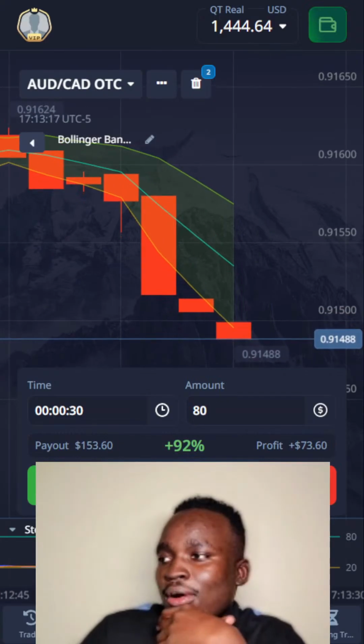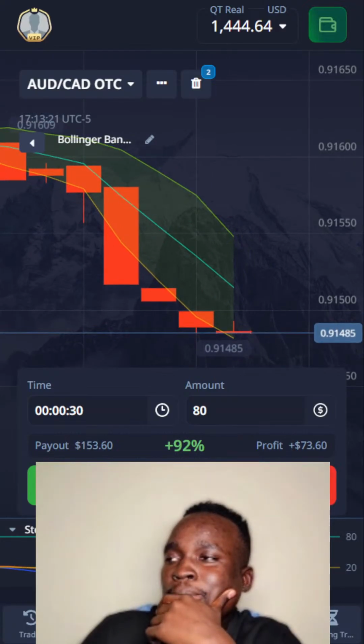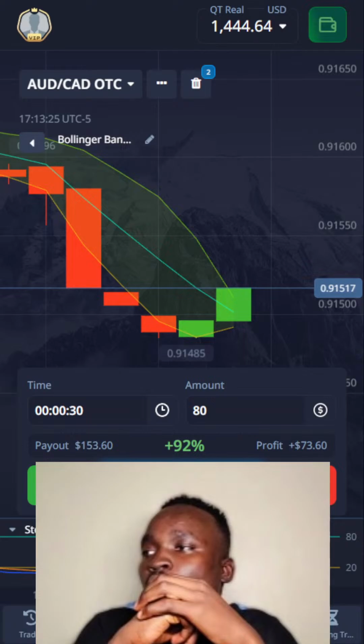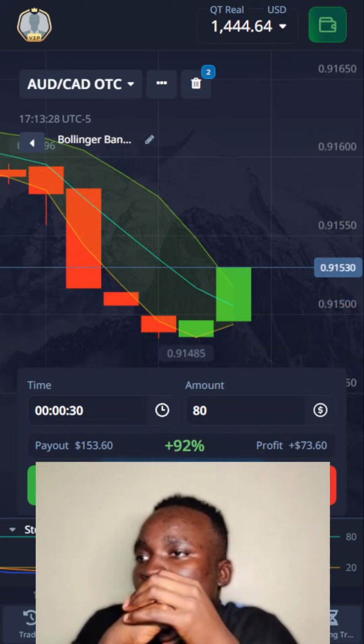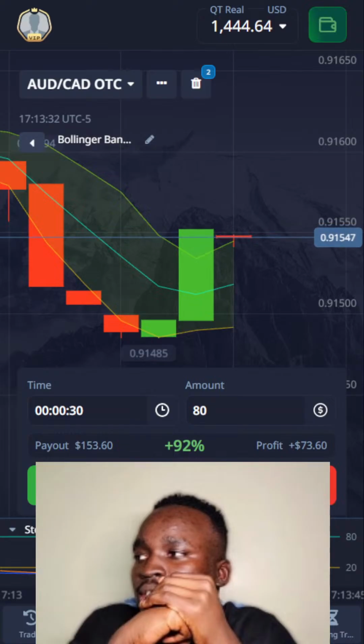Is G Dot around? G Dot, where are you? I'm looking at something G Dot sent me. It's a good structure, a good compound cycle table for some people. So I'm trying to see what he's trying to say. Okay.